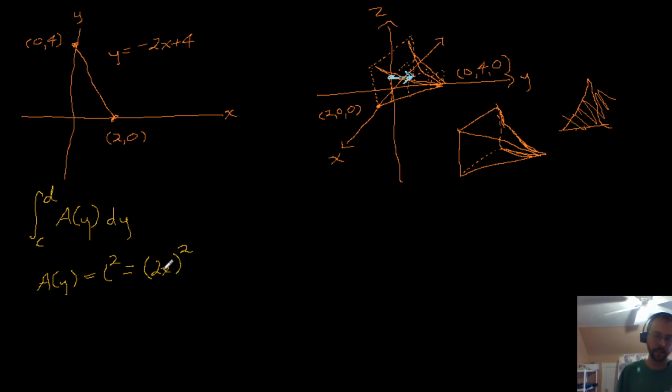So now this tells us the area with respect to x, and to get this to the area with respect to y, once again x equals y minus 4 divided by negative 2. So we're going to have 2 times y minus 4 divided by negative 2, squared.